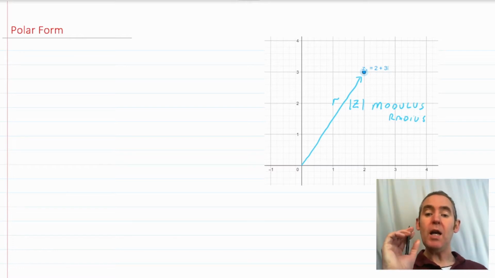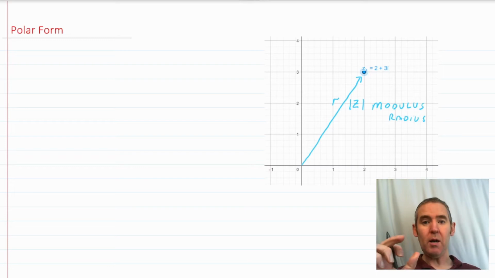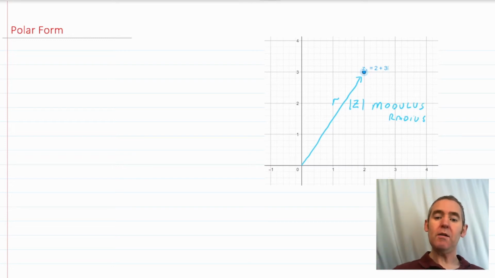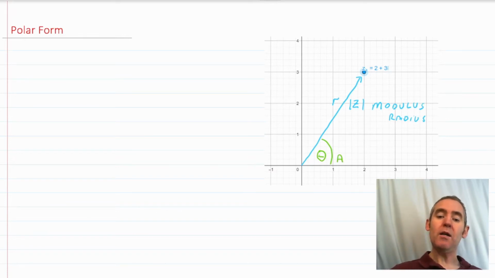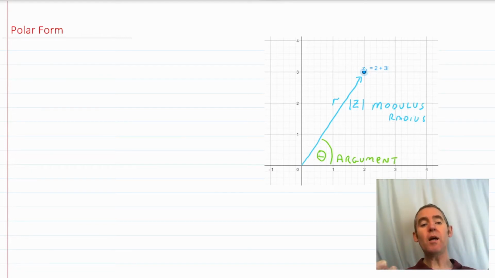Now, to specify that particular complex number, you must give it an angle. In this case, we have an angle with the positive x-axis, and that angle is called the argument. So if we represent these two numbers, it will give us another way to represent a complex number.